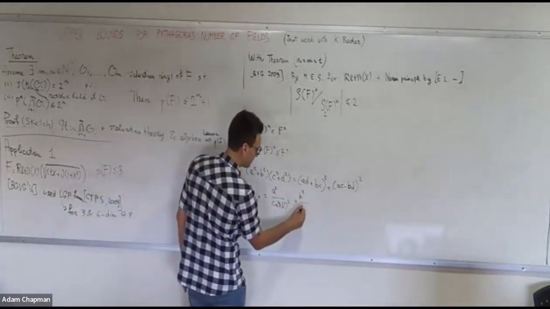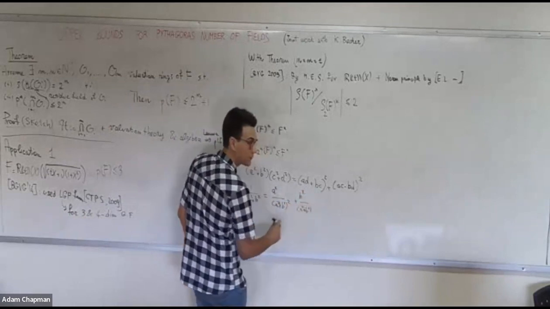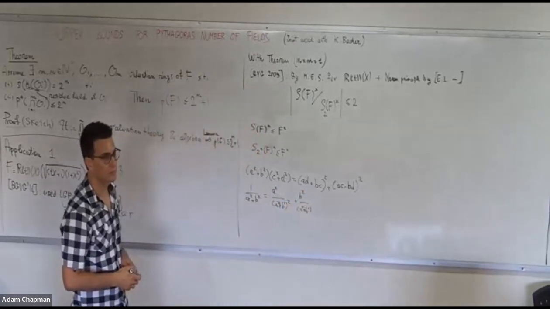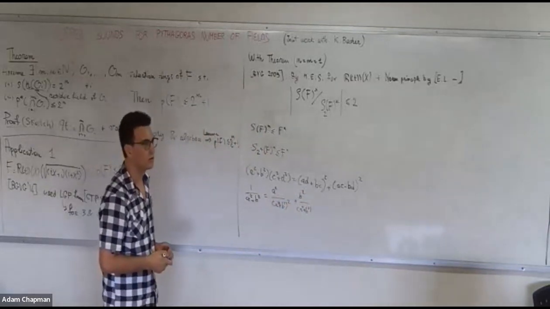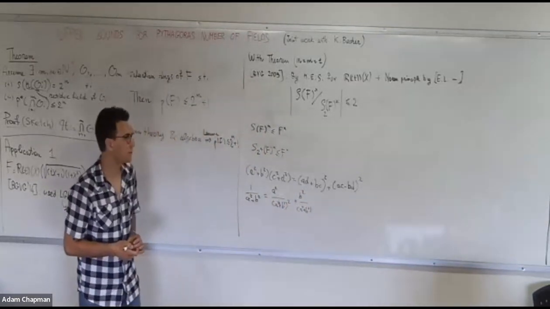So we're actually using the fact that this group represented by Pfister forms is a multiplicative group.